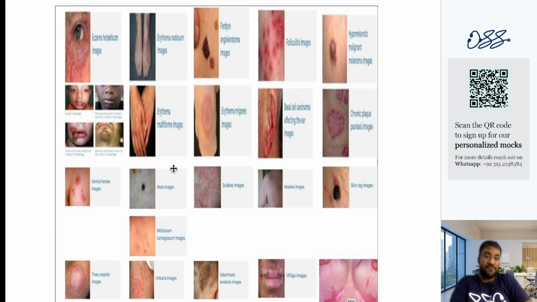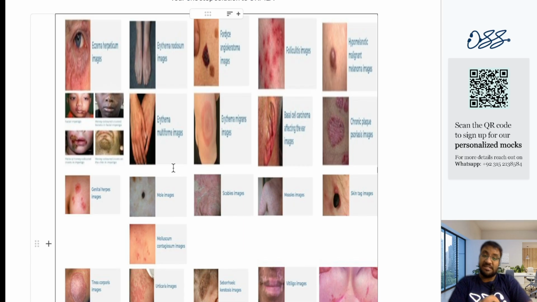But you would have to go through the notes, search the internet, okay, and try to make sure that you have seen different pictures of a particular lesion. Like let's suppose if it's an eczema, then you need to make sure that you have seen multiple pictures of eczema online, okay. Very important. And there's another website, I'm not really sure about its name.